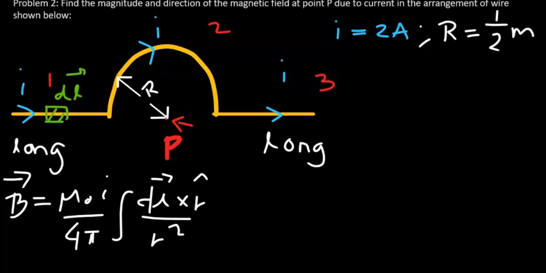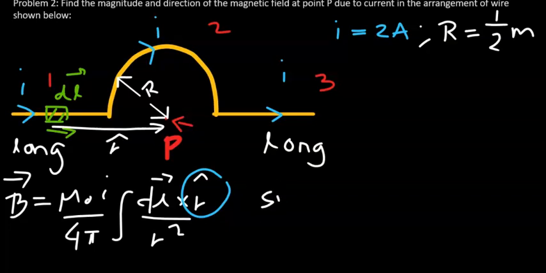with length dl, so that is the length element vector for that straight line segment, and it extends all the way following the direction of the current, so the direction of that length element vector is like that. You see that the angle between the length element vector dl and r hat, which goes from where the current is to the point of observation, is 0.